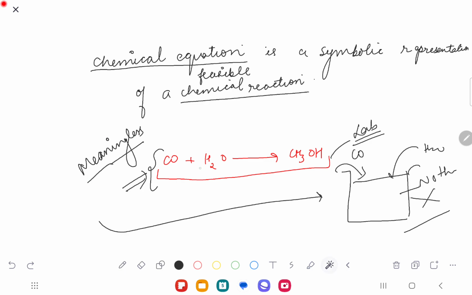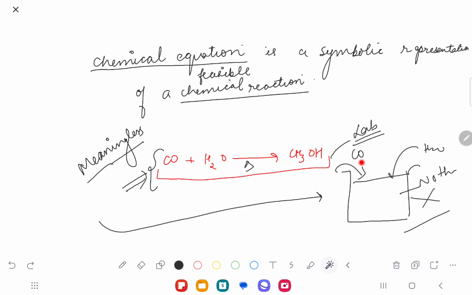That means by the equation, when I see that CO and H2O are there, the equation tells me to go into the lab, take a beaker, mix carbon monoxide and water, and then heat, and then you should get this. That's what this equation is telling me. And as an instruction, when I perform it, I get nothing in the lab. That means this reaction in reality is not even happening.